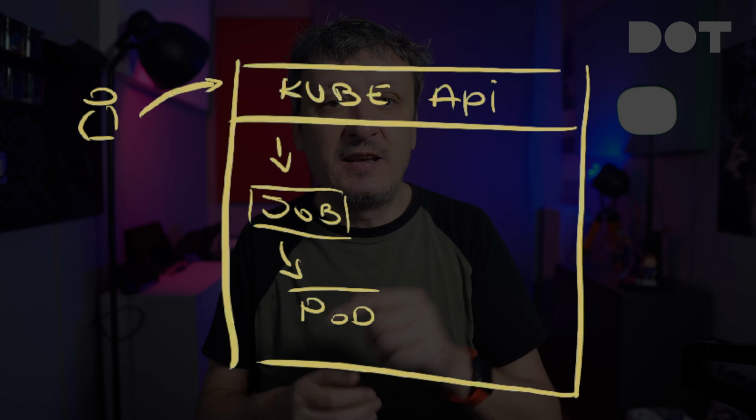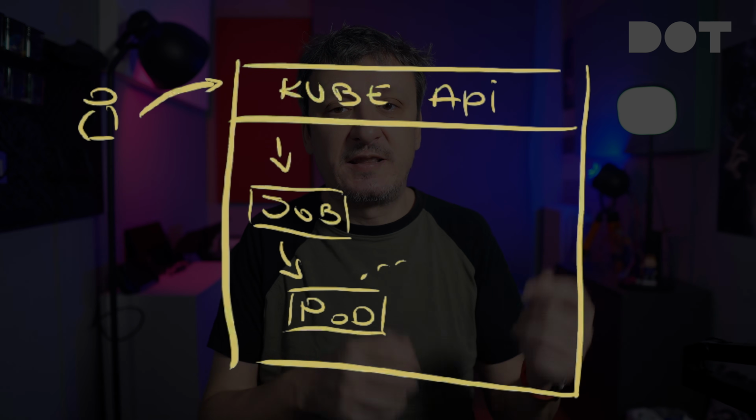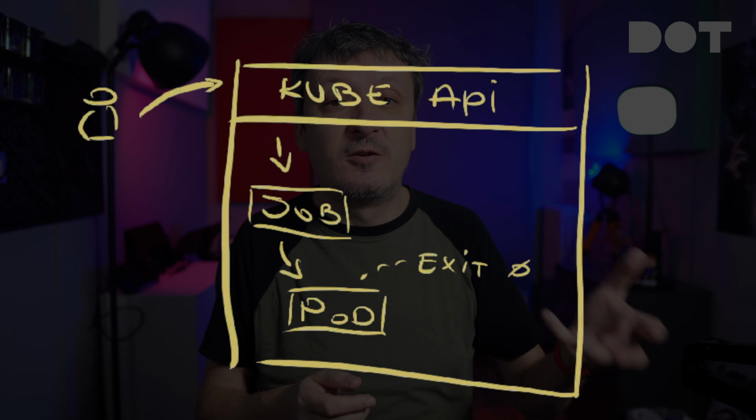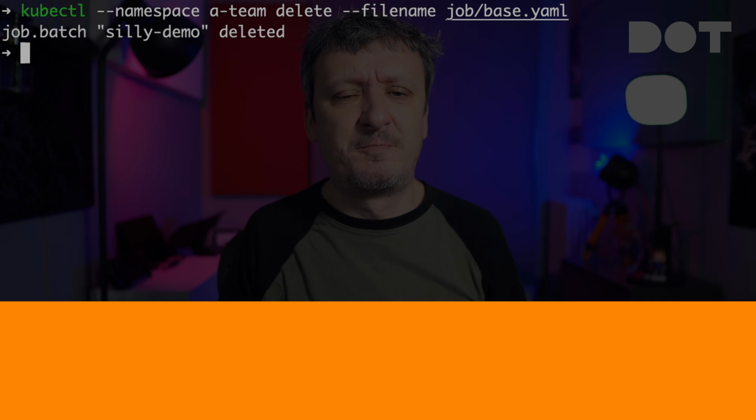The container in that pod started the process that eventually finished doing whatever it was doing and returned exit code 0. That was it. Unlike other workload types or APIs, the job did not try to restart or recreate it. The job finished, so let's remove it before we move into our next workload type.